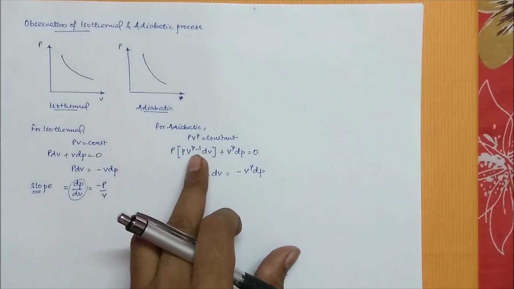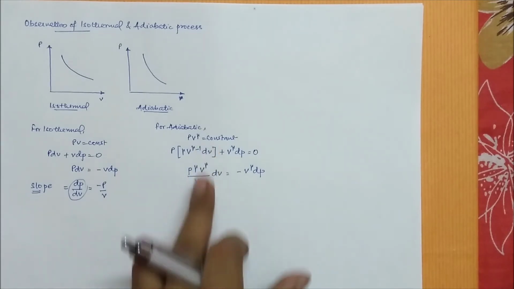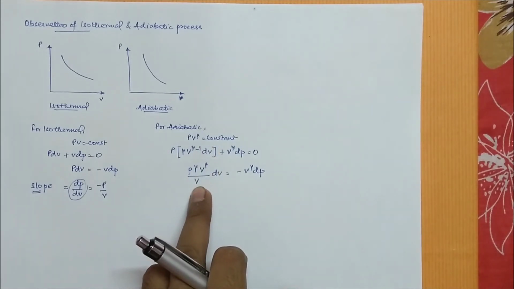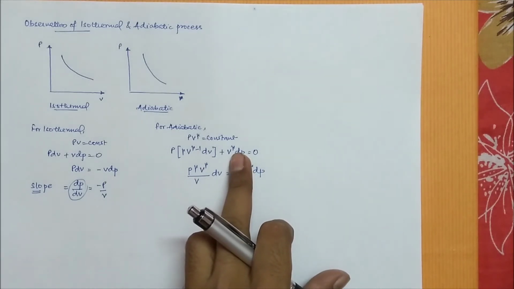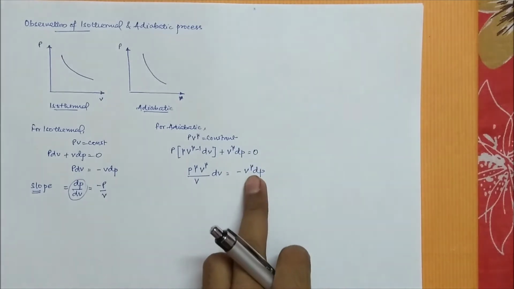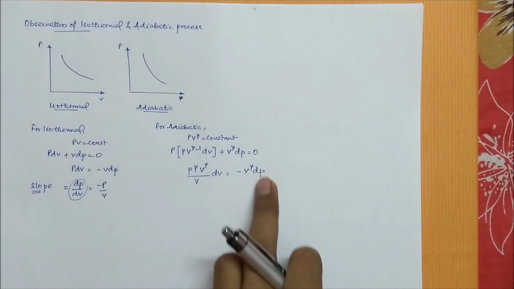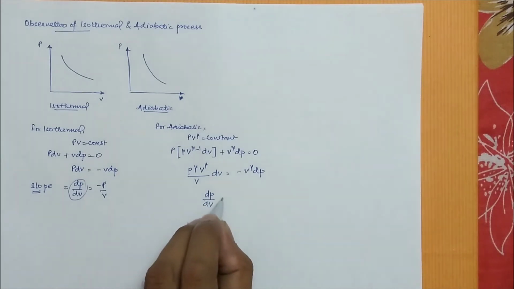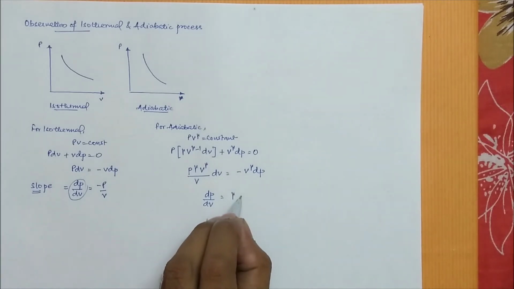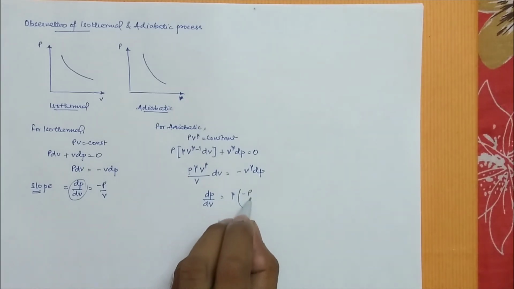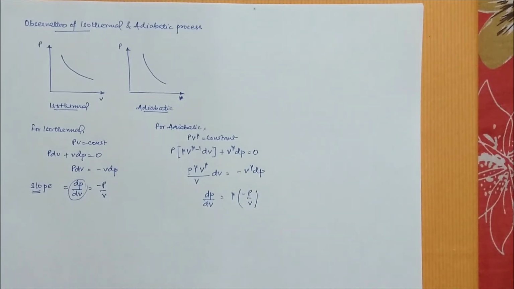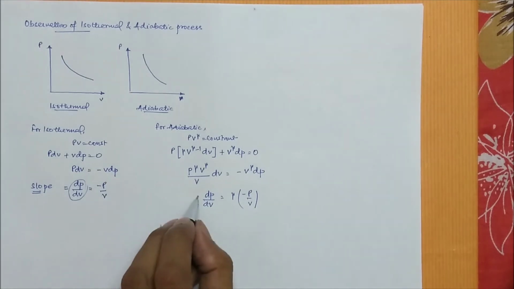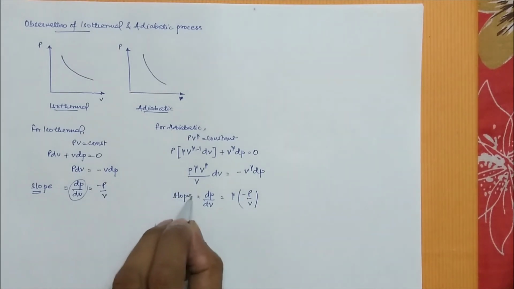Then dP by dV will be minus gamma P by V, right? This is again the slope of the adiabatic curve.